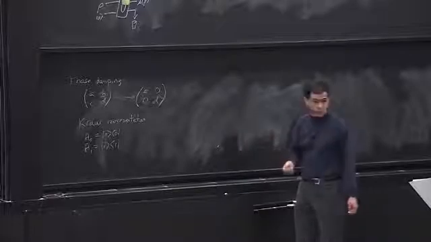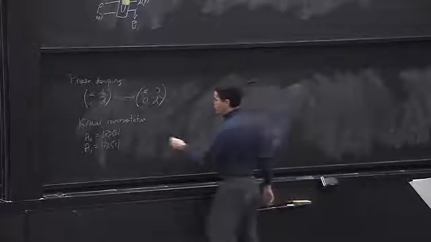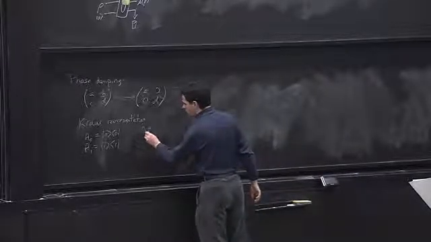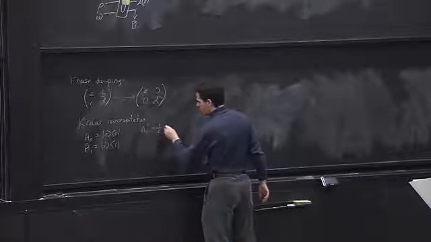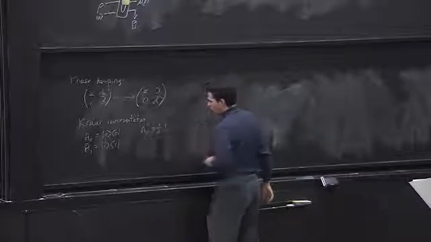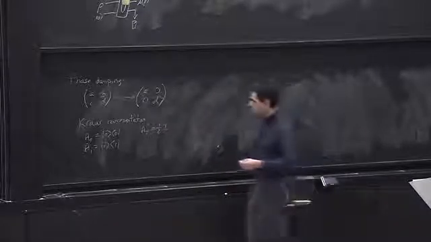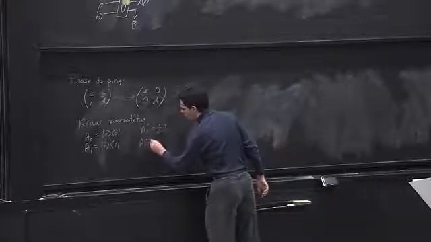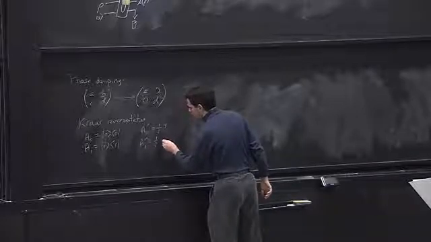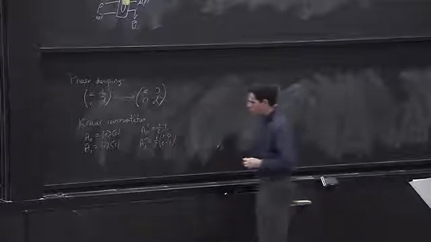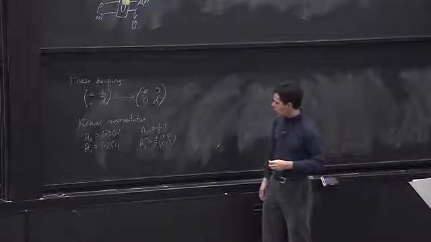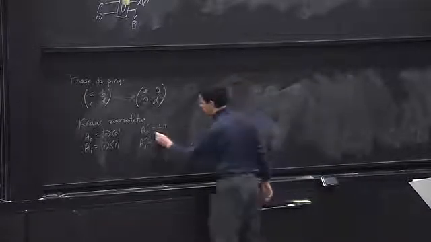There are also other Kraus representations. One that's nice is you can let A0 prime be the identity, and A1 prime be sigma z. I'll just write that as a matrix, with a factor of 1 over root 2.